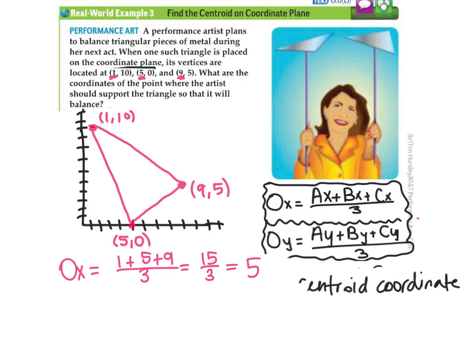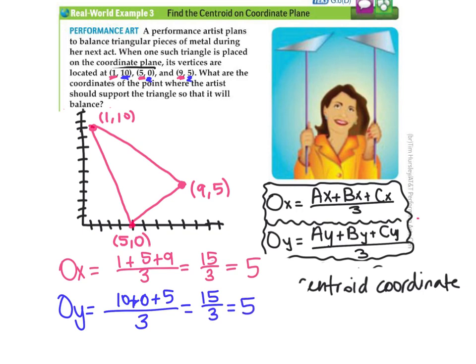Now we're going to say, all right, what's my y value? Same thing as before. Use the coordinates given and the formula provided. So we have 10, 0, and 5 divided by 3. I promise I didn't plan it, but it just so happens my y value is 5 as well.